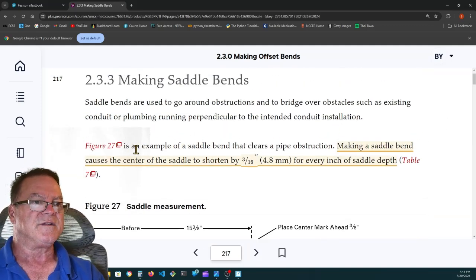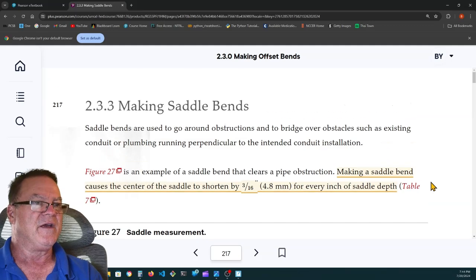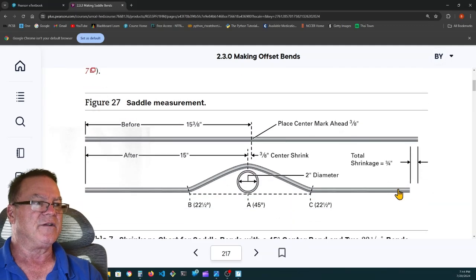So it says figure 27 is an example of a saddle bend that clears a pipe obstruction. Making a saddle bend causes the center of the saddle to shorten by 3/16 of an inch for every inch of saddle depth. So we would multiply the saddle depth, 2-inch diameter. So we're probably going to increase this, or we'll probably make this a 3-inch 3-bend saddle, I would guess.